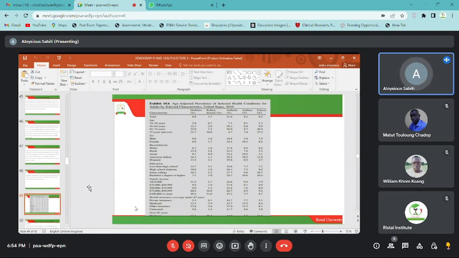If you went to sex as another demographic characteristic, you would be able to see that women suffer more from arthritis than men, and more women have asthma than men. These are just to show you what influences what.